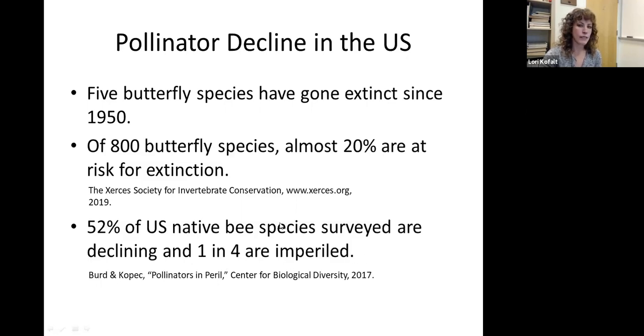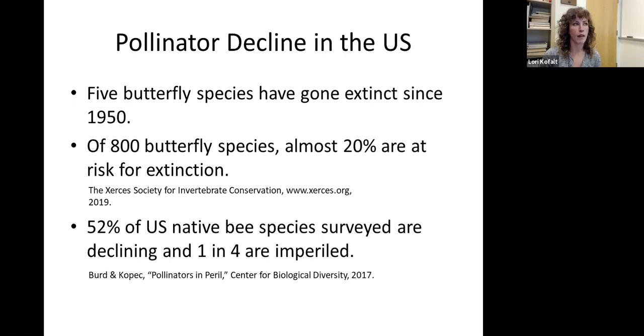And a lot of the reasons listed for that include invasive plant species, which are a poor source of nutrition for our native pollinators, habitat loss, which is the loss of foraging and nesting habitat, climate change, which disrupts the distribution of pollinators and plants.